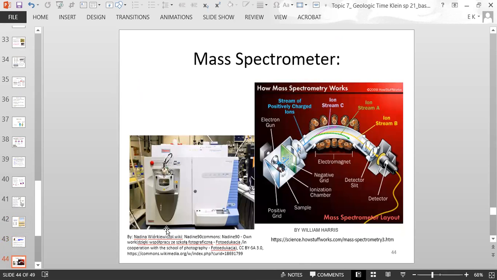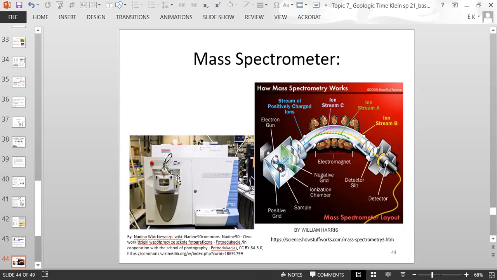So this is what a mass spectrometer looks like. It's just this huge equipment, okay? But inside, it's really complex, but it's actually a simple process. So first of all, you would have to prepare the samples.